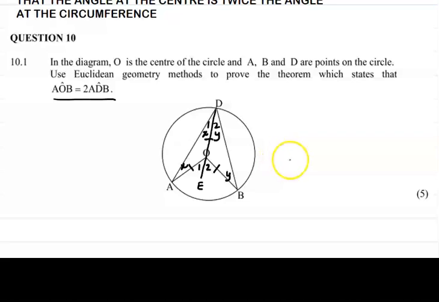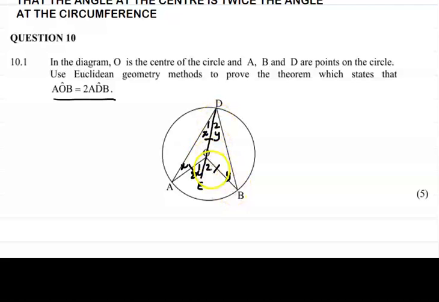The other reason that we need to use in this particular proof is the exterior angle of a triangle. If you look at the triangle, remember that the exterior angle of the triangle is equal to the sum of the interior opposite angles, which will now make O1 2x. Similarly, O2 is the exterior angle of triangle OBD.